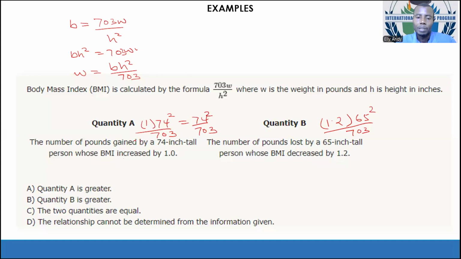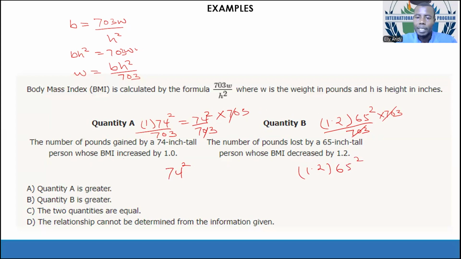Now, from here, we can do matching operations to get rid of the common term, which is 703. So we can multiply both by 703. So now we are comparing 74 squared and 1.2 times 65 squared.